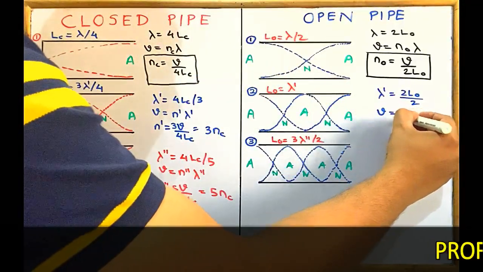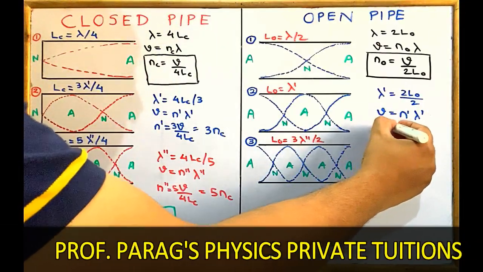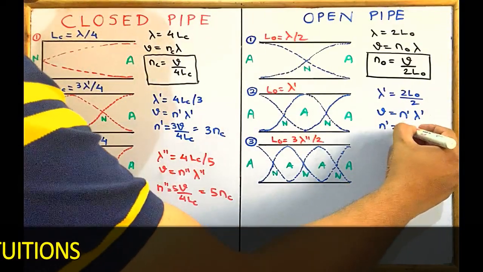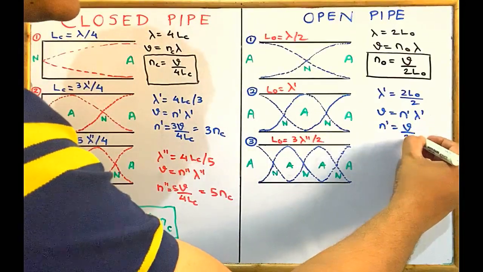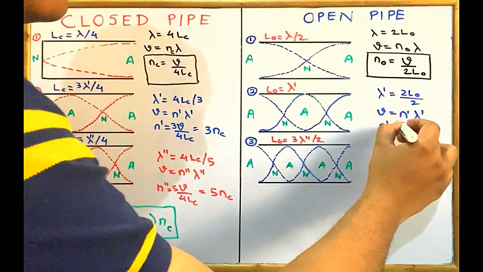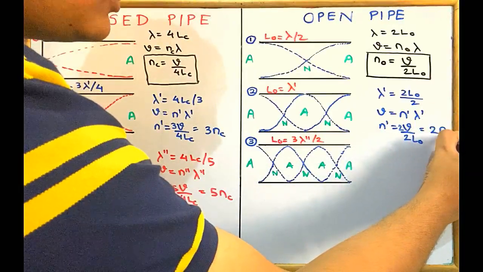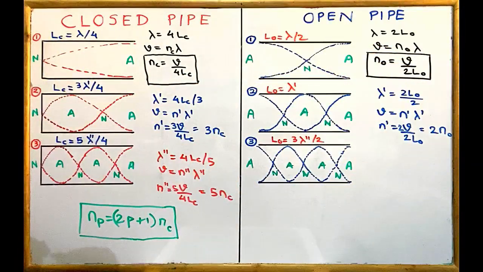V is equal to n dash lambda dash, velocity doesn't change, and therefore n dash is going to turn out to be V by lambda dash, but lambda dash is 2 LO upon 2 goes in the numerator, so I am getting 2 times NO. V by 2 LO is NO, so I am getting 2 NO, that is the second harmonic.